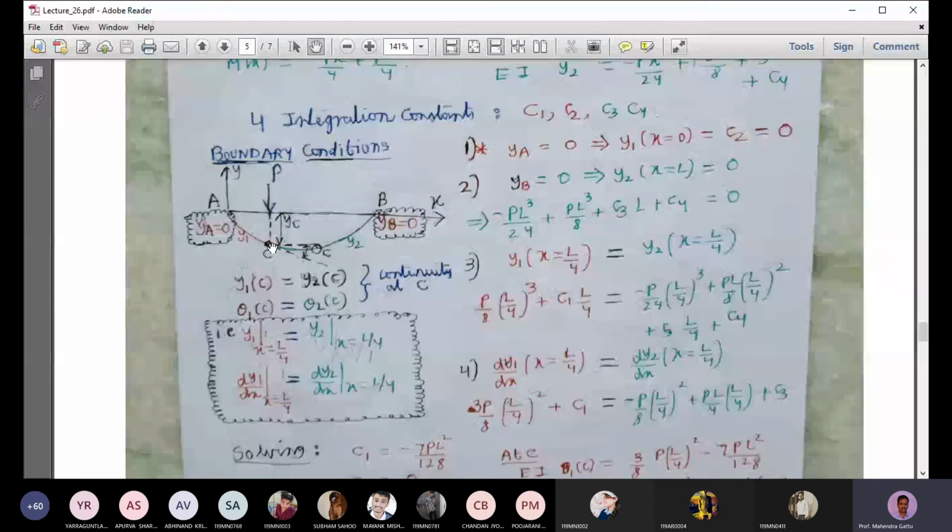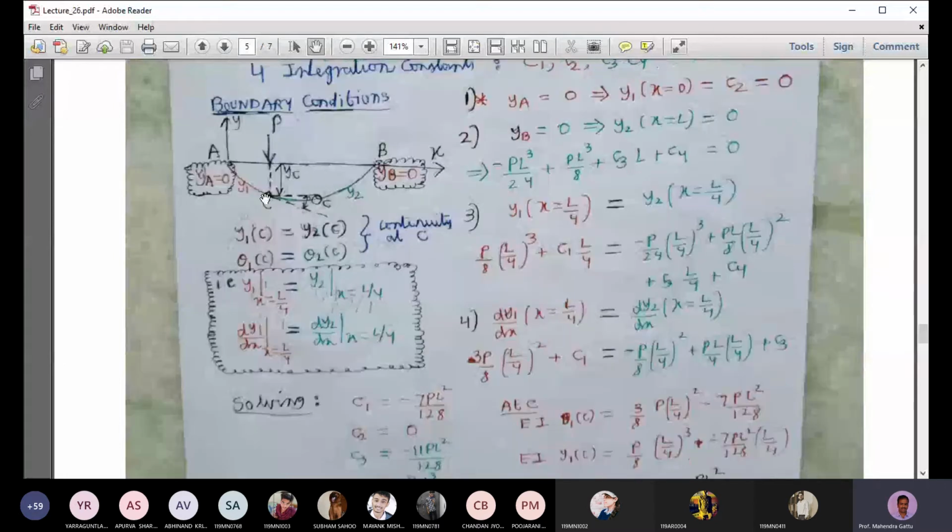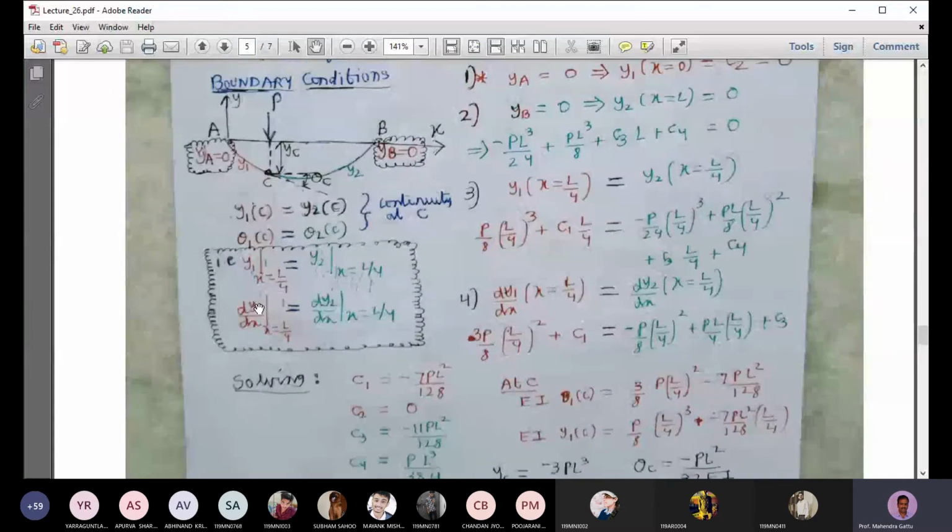So that is the first continuity condition. The second continuity condition is the slope just to the left of C is same as slope just to the right of C. So dy by dx at x just lying to the left of C is equal to dy by dx at x lying just to the right of C. That means you can say theta1 of C is equal to theta2 of C, or you can write it like this: dy1 by dx at x equal to L by 4 is same as dy2 by dx at x equal to L by 4.